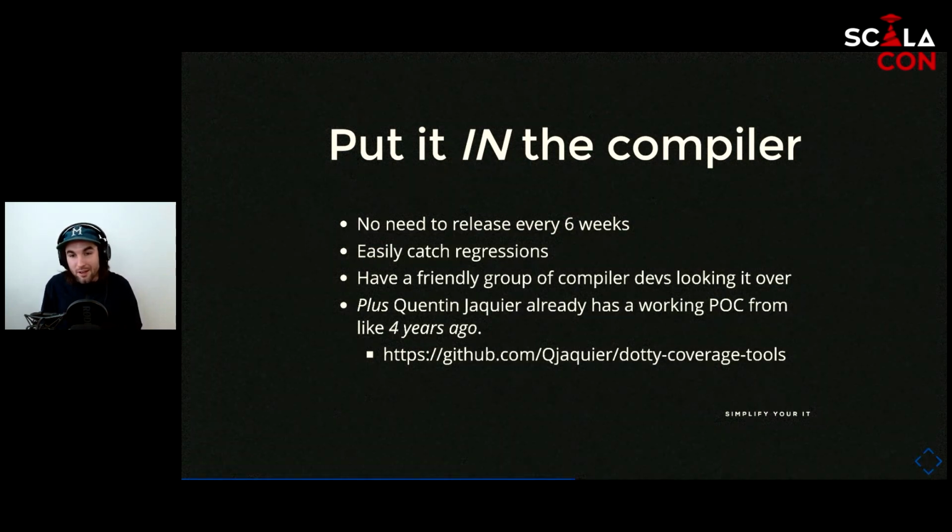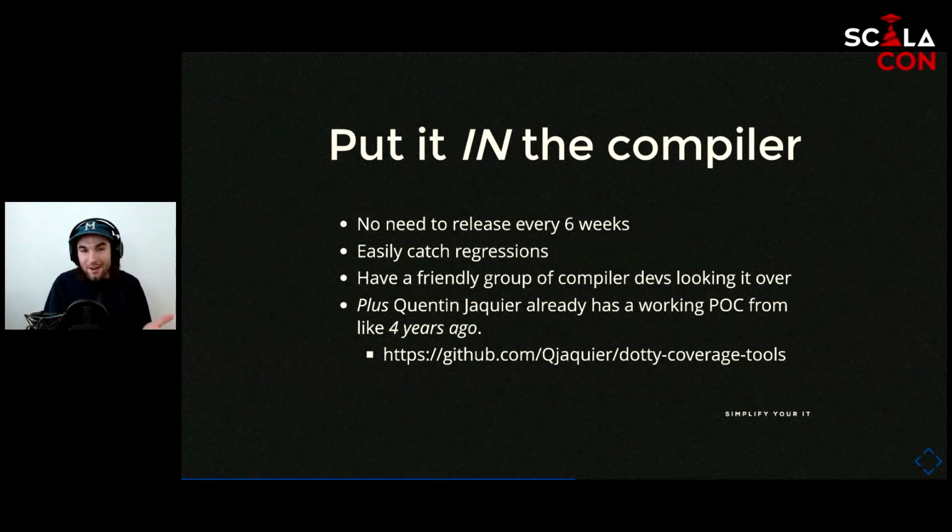This POC has just been sitting there for 4 years, and nobody has really picked it up and brought it across the finish line. So I actually had no intention to work on this. I was going to take care of scoverage and just cut releases when we need them and then hands off. But yeah, one thing led to another, and here I am giving this talk.